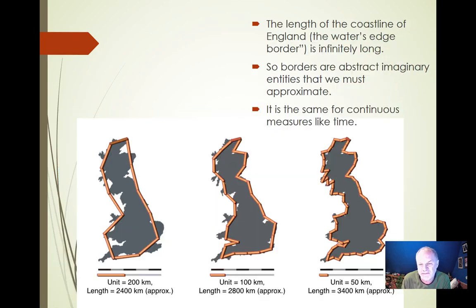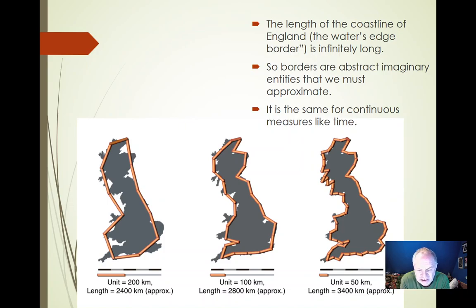Another example, what's the length of the coast of England? Well, that's a border. It's the border of land and water. So a coastline is actually a border. Now, if my unit of measure is 200 kilometers, approximating it, the length of the coast of England is 2,400 kilometers.